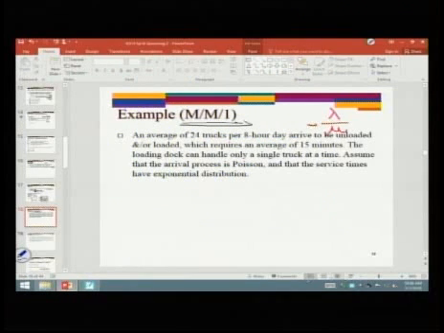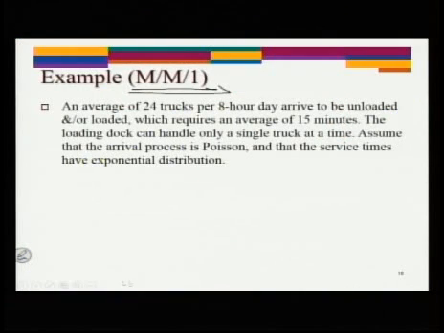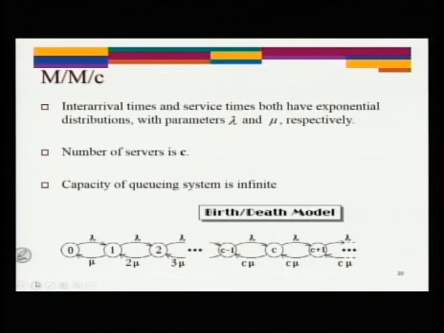Okay, so now let's get back to the slide. Now let's talk about M/M/C. The M/M/C model also has a Poisson input and exponential service times. The main difference from the M/M/1 model is that this time this is the multiple server case, so C here is greater than 1.